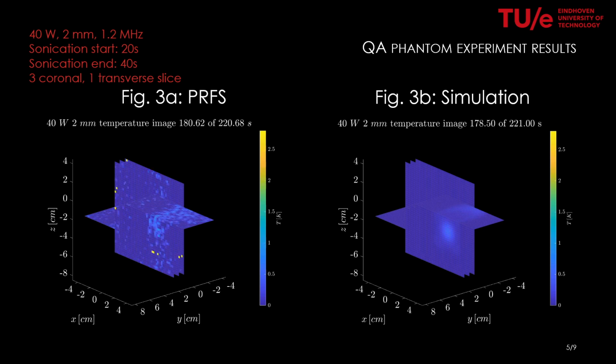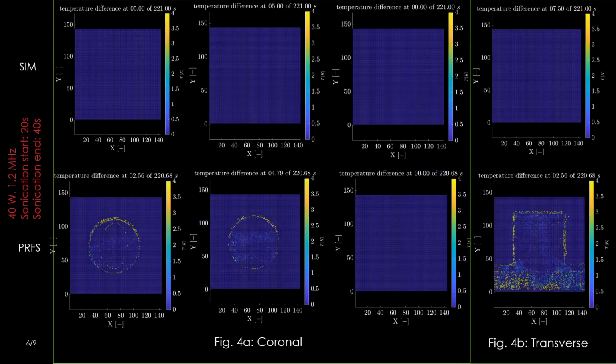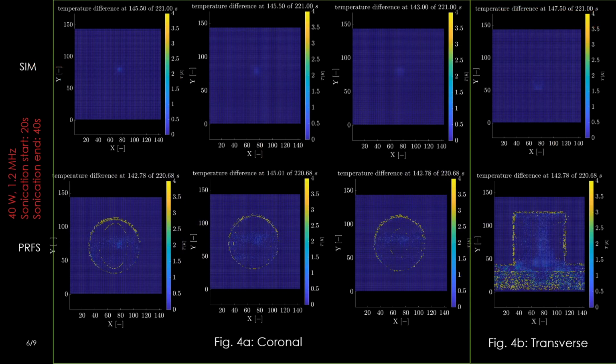Next, let's look at all the slices next to each other for the 40 watt experiment. In the simulation on the top row, the region around the focus is simulated. Now let's zoom in into a region around the focus and look at the time response.